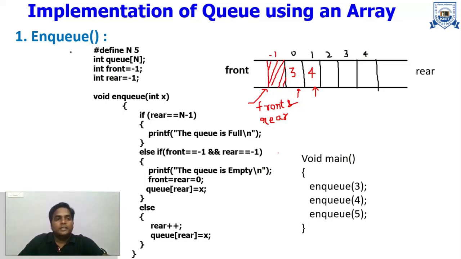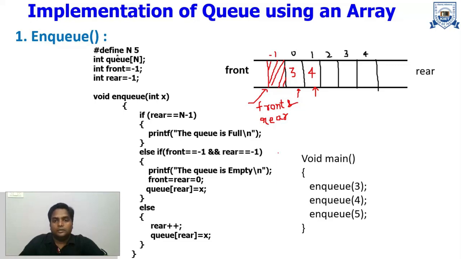So now we will discuss the first one, that is the enqueue operation. When we implement queue as an array, we know that array is static memory allocation. That means first of all we have to represent the size of an array, or we can say the queue.